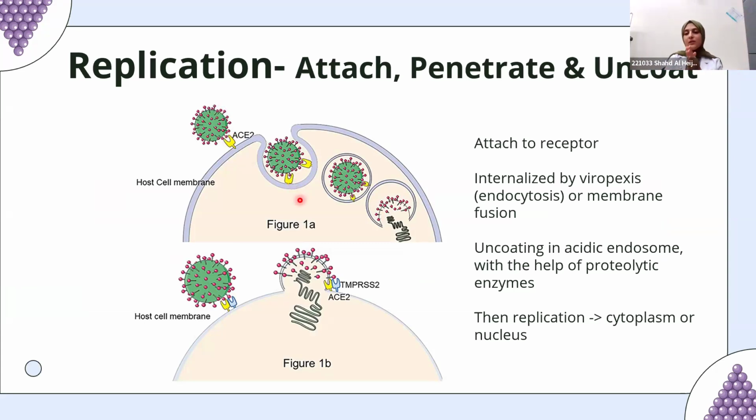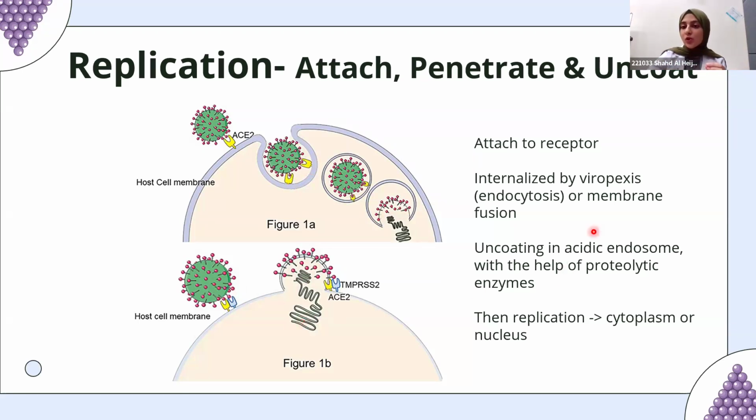It could either be internalized by viropexis, in which it attaches to the receptors, is taken in by endocytosis, and then goes into the cell, or the membrane of the virus will fuse with the membrane of the host cell and release its genome. So this is viropexis by endocytosis, and this is membrane fusion, and then the genome is released. Those are 2 different ways to penetrate the cell.